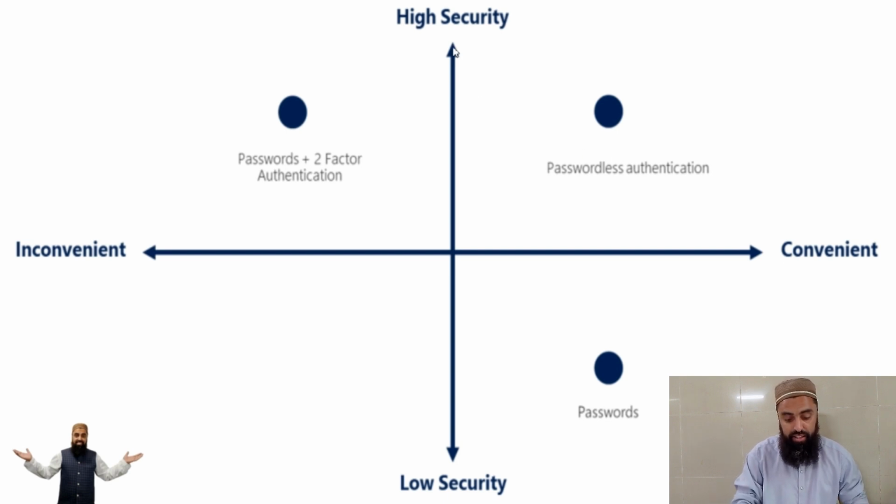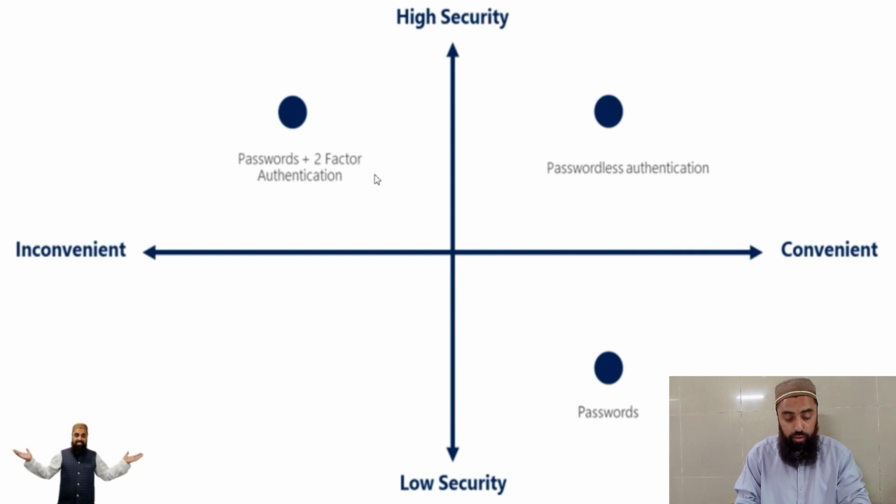Okay, and if we talk about low security, then just like we discussed, standard password authentication is convenient, but its security is very low. Passwords can be brute force attacked, passwords can be leaked. So in order to secure your account, we must use passwordless authentication, and also it is more convenient as well.